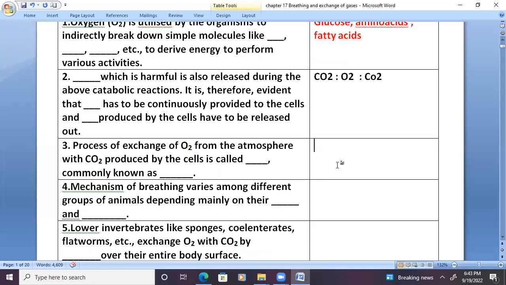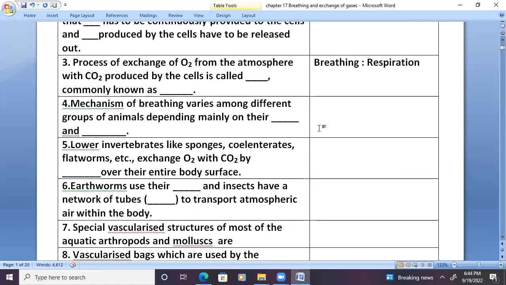The process of exchange of oxygen from the atmosphere with carbon dioxide produced by the cells is called breathing. It is commonly known as respiration, but exactly you have to say it as breathing. The mechanism of breathing varies among different groups of animals depending mainly on their habitats and levels of organization.